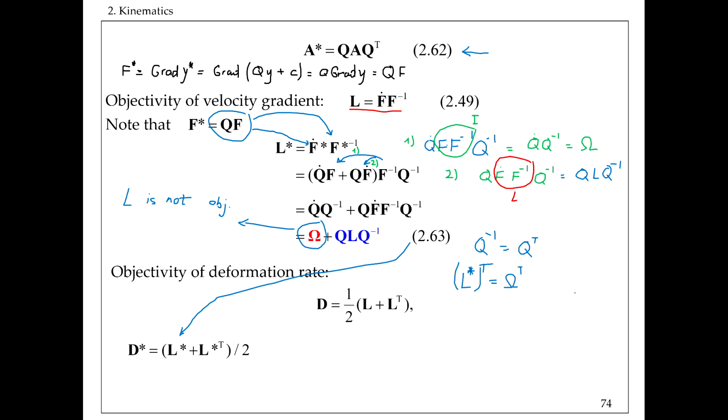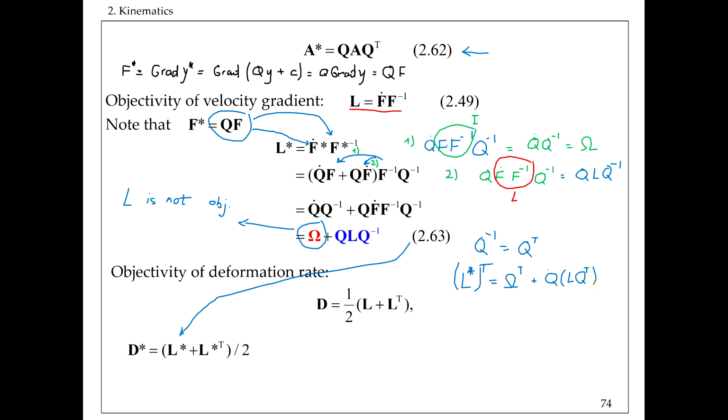We can do this in the following way. Let's write this: we have this Q, and let's put parentheses here just to make it more clear. Again, instead of inverse, I write transpose here right away.